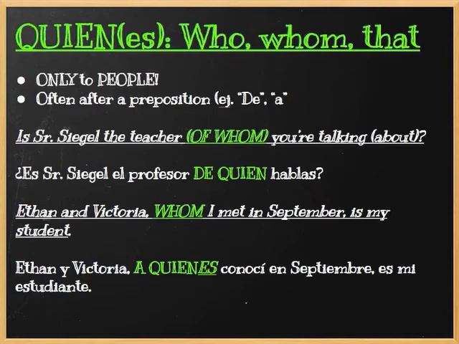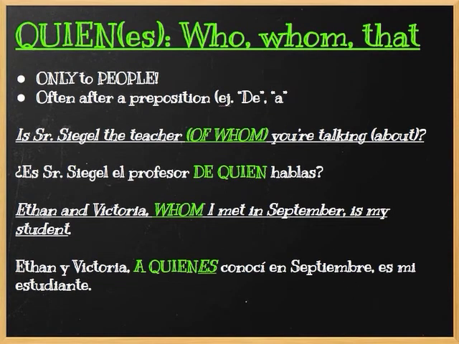Then we have quién. So let's start talking now about quién and quiénes, which mean in Spanish who, whom, or that. One thing to remember with quién and quiénes is that it only applies to people. So you can only use quién in situations where you would say who.